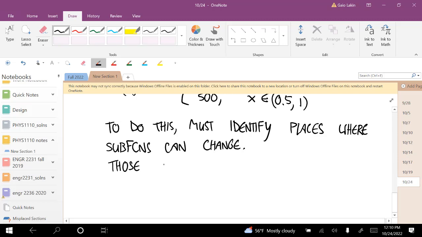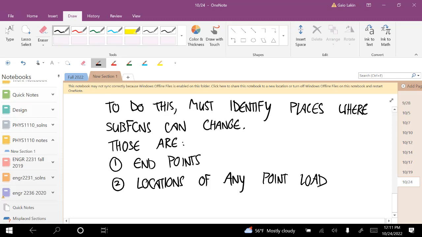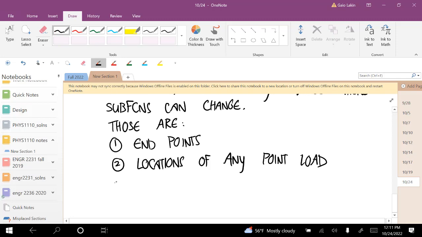And so those are, first, endpoints. Well, that's pretty obvious. Second is the locations of all point loads. And the third and the last one is places where any distributed load changes. Places where, let's say, the distributed load function changes.